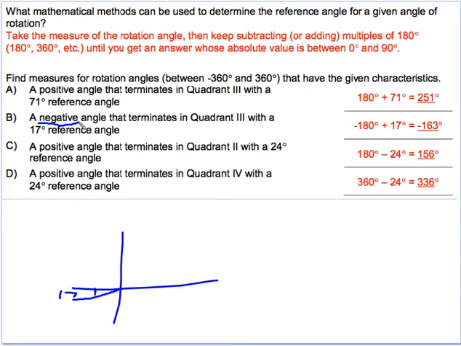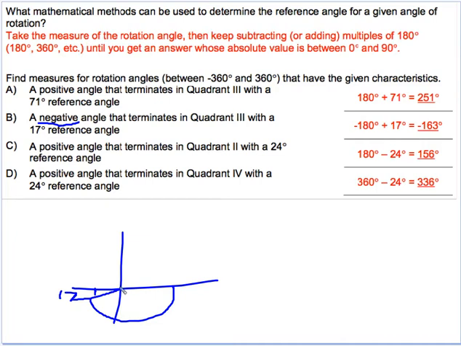We want a negative angle this time. So instead of having a positive angle, I want a negative one. So negative has to start here and go this way. So all I'm doing is taking 17 degrees away from 180. And notice they have a negative 180. Sorry, that's the end of the bell. I'll wrap this up super fast. So you can do positive 180 minus 17 and then just make it a negative, or you could do negative 180 plus 17. Either way works.